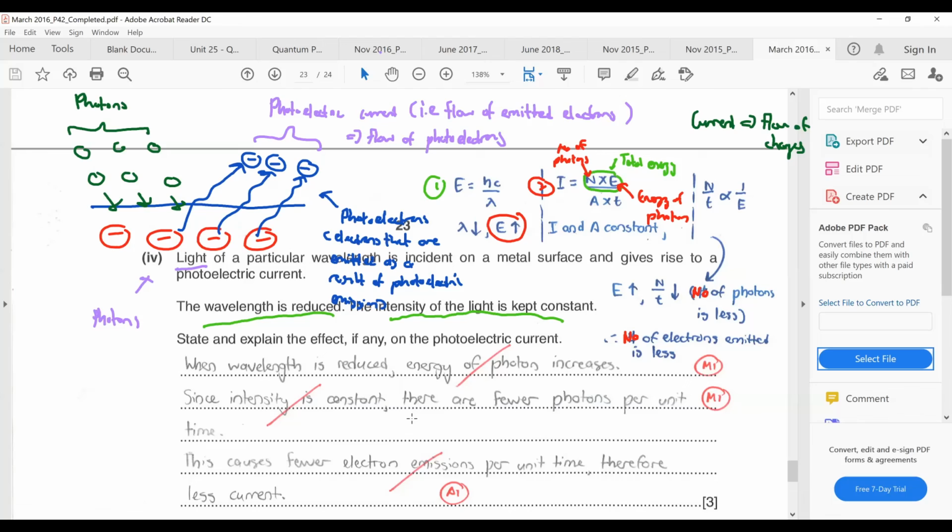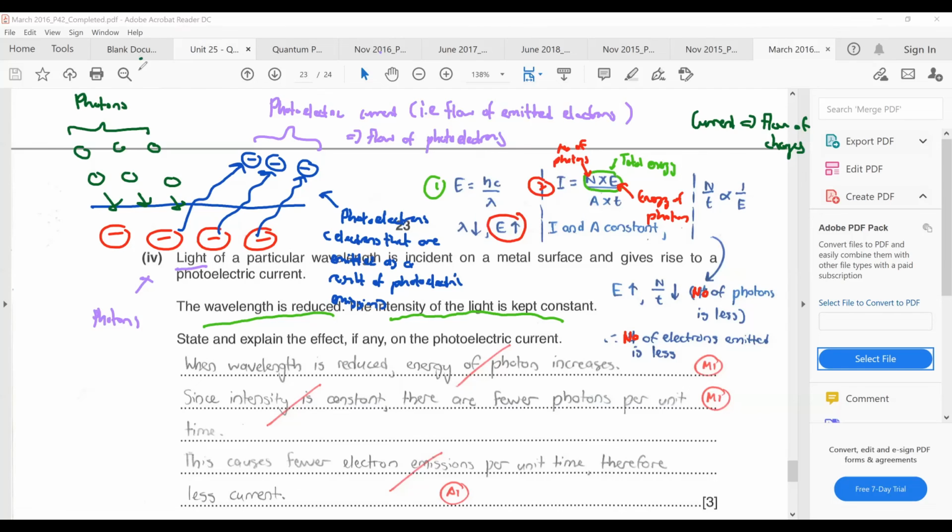Now there will be some cases when you read from your textbook. I think I better just mention this. When you're talking about intensity, this one is your answer already, but I need to talk to you about something else.